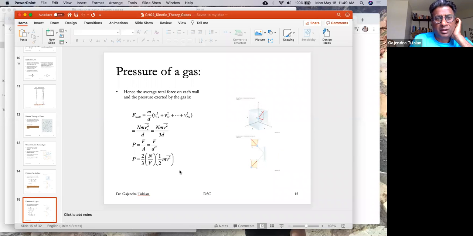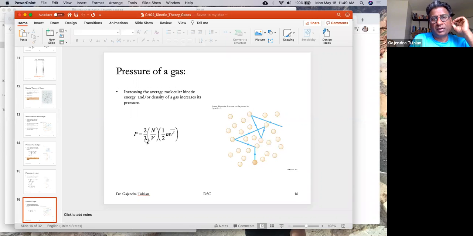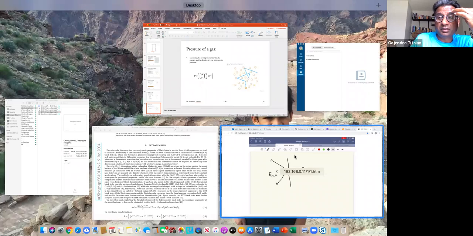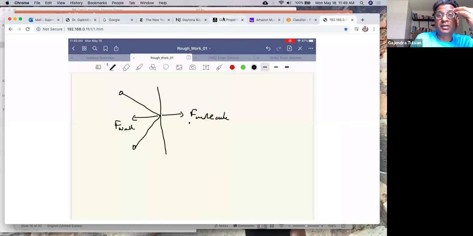So there's the expression again: pressure is number density times the average kinetic energy of a molecule. Let's go to that simulation.